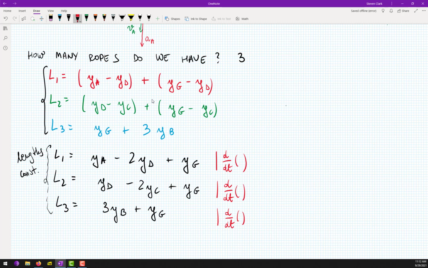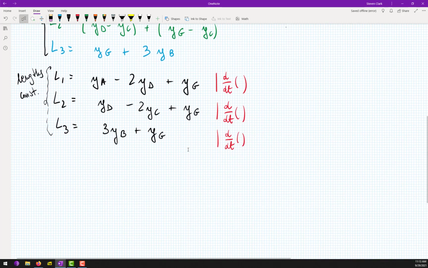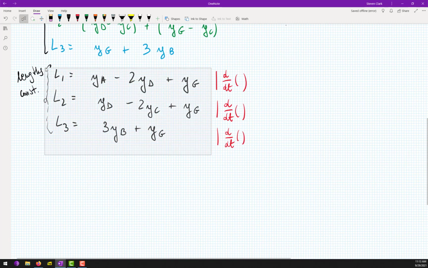And thanks to nowadays technology, I can copy paste it. So I would like to apologize to everybody who is using pen and paper. I hope you can forgive me. So first of all, the derivative of the left-hand side is always 0, because L1, L2, and L3 are constant.